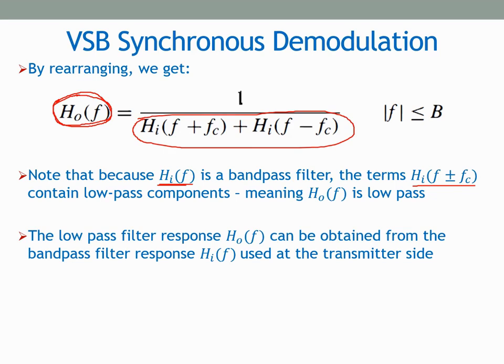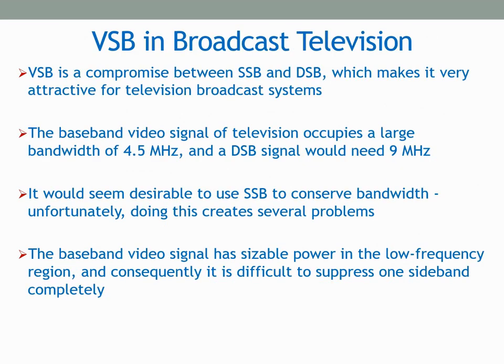From this we can see, depending upon the shape and characteristics of the filter at the transmitter, we have to choose the filter at the receiver to obtain our signal M(f) or m(t) in the time domain. So the low pass filter response H0(f) can be obtained from the band pass filter response Hi(f) that was used at the transmitter side. So this was the discussion about how to generate and detect a VSB signal.